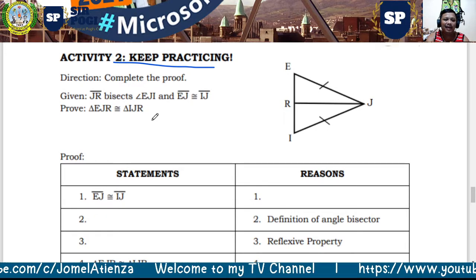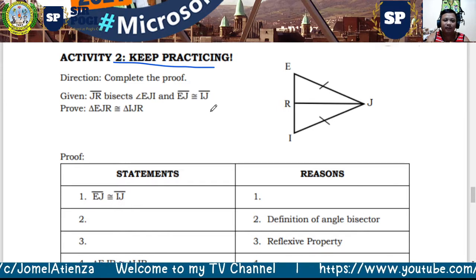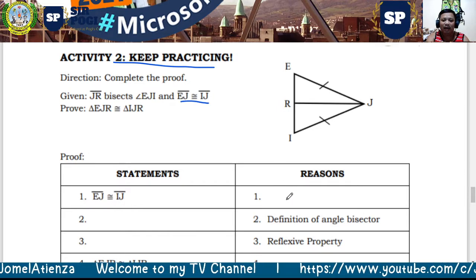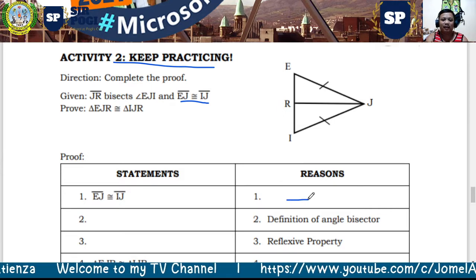EJ is congruent to IJ, and that is given. We always start with the given.